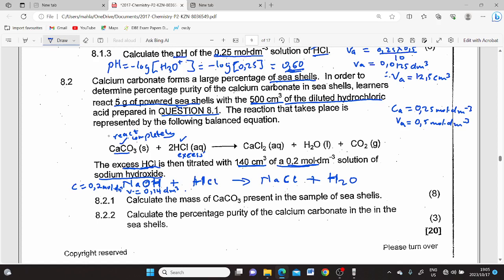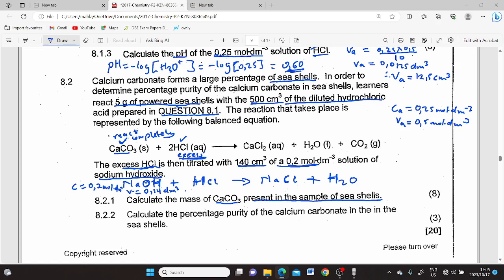Calculate the mass of the calcium carbonate present in the sample of seashells. So we're looking for the mass of the calcium carbonate. Where is it? It's here in the beginning. All right, let's check something here. This HCl was in excess.